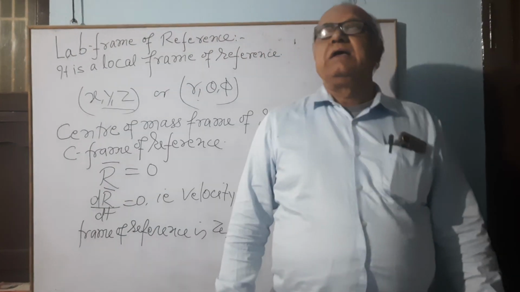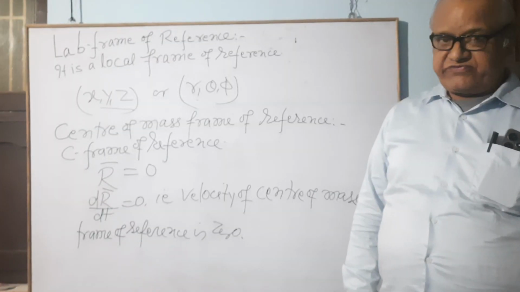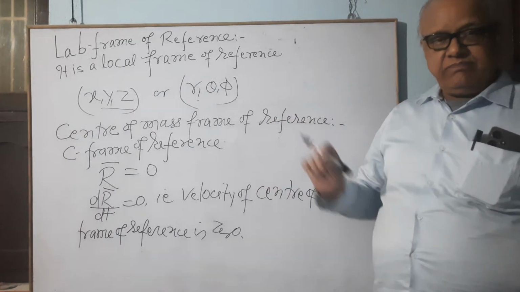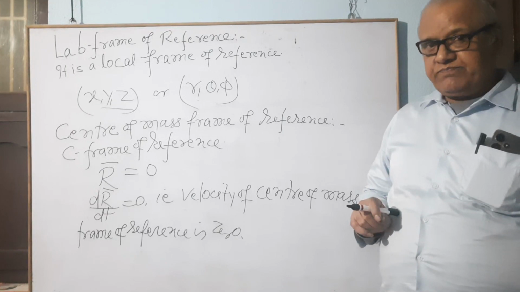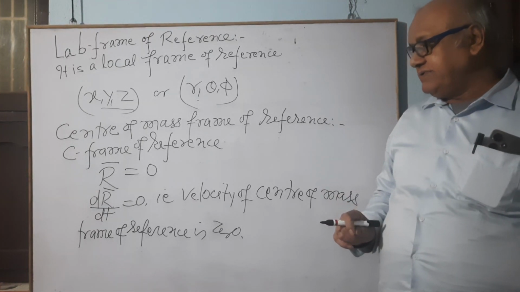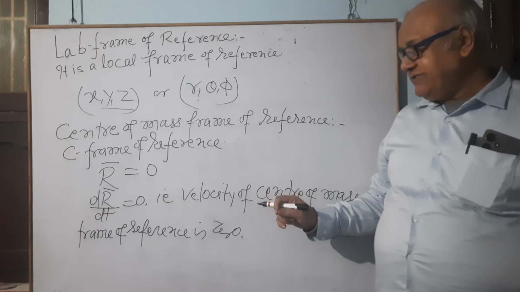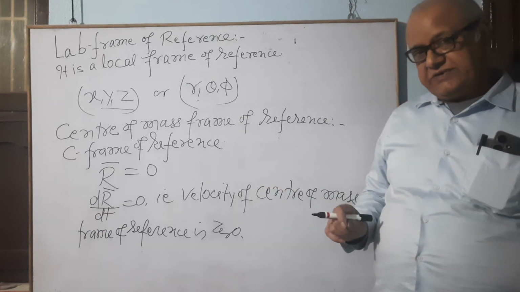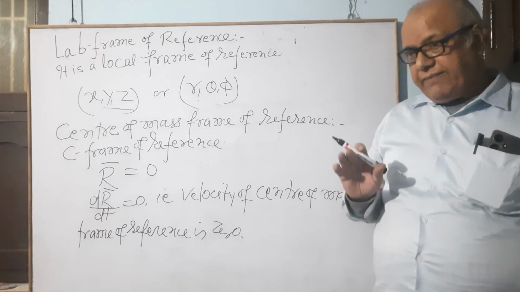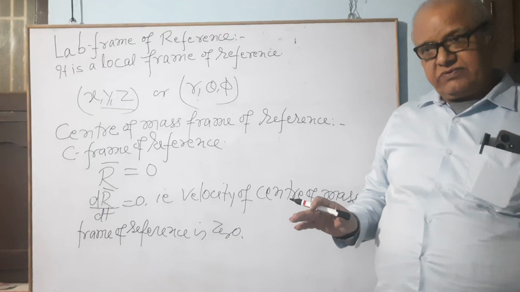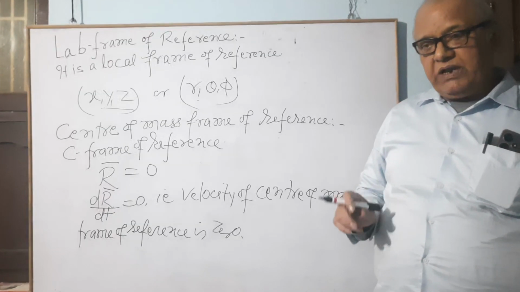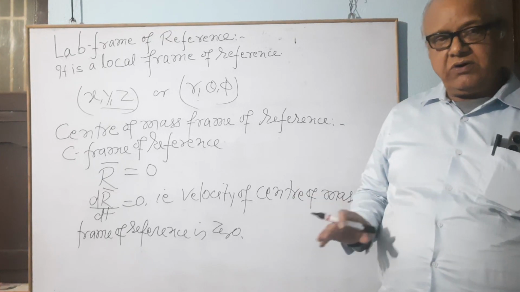If there is no external force acting on the system, then the center of mass frame of reference has constant velocity. So, in absence of external force, the velocity of the center of mass will be either 0 or constant.